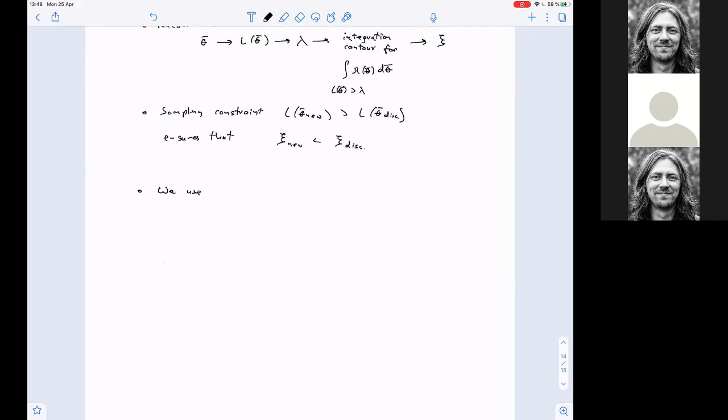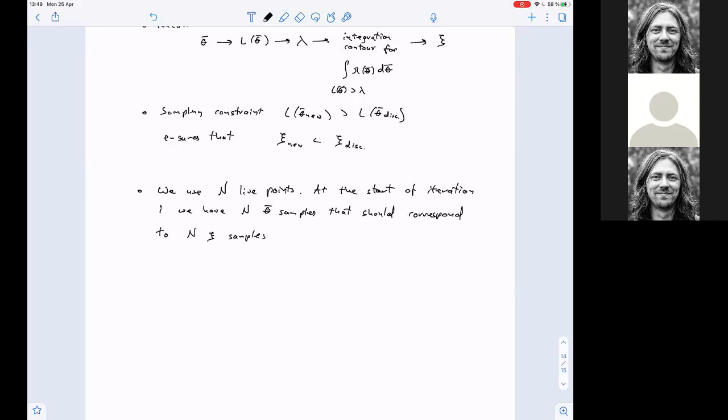Say we use n live points, and at the start of iteration i, we have n theta samples that we expect statistically should now correspond to n psi samples from a uniform distribution on 0 to psi_{i-1}.